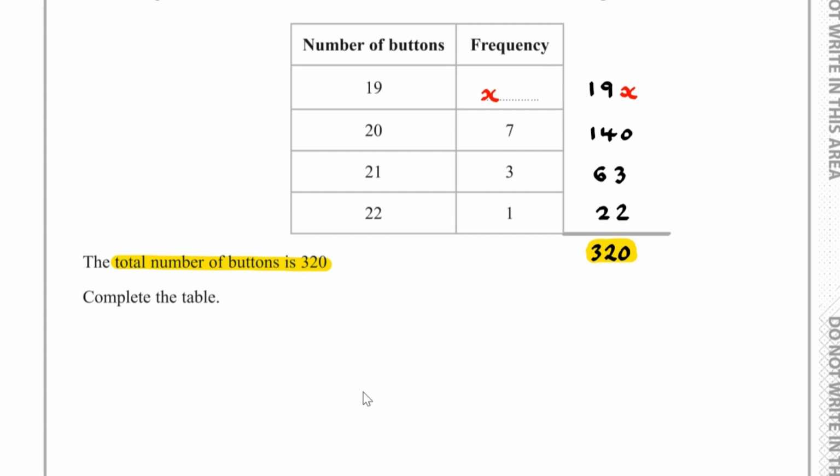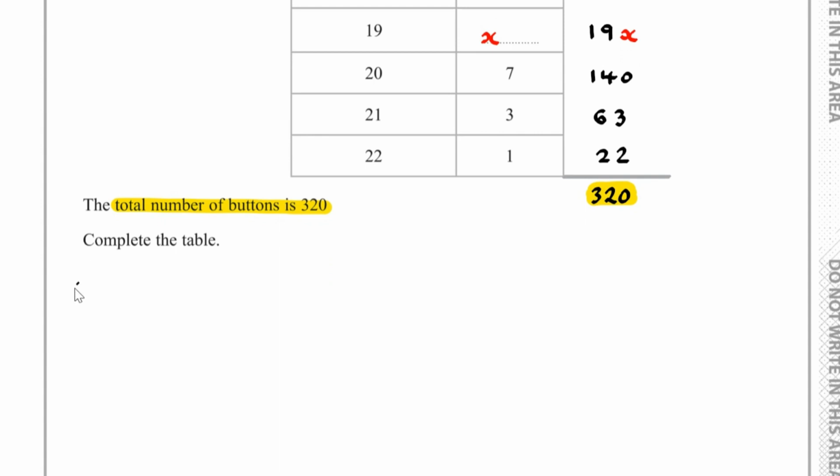Adding these together, we have 19x plus 140 plus 63 plus 22 equals 320.